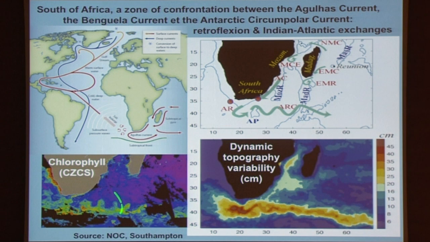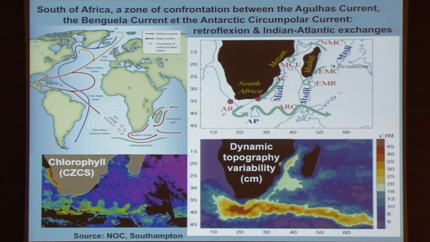That's a picture showing the chlorophyll based on the Coastal Zone Color Scanner, with high productivity in the southern part of the diagram, in the southern latitude, which is due to upwelling of nutrients. So we can see a high concentration of nutrients and then chlorophyll, and we can even see the meanders that are very evident in that picture.